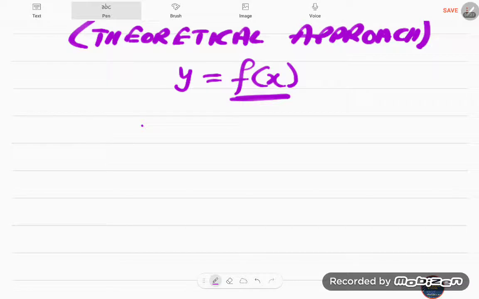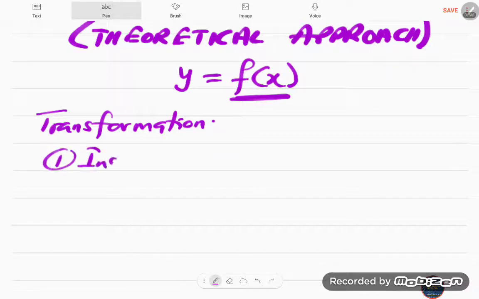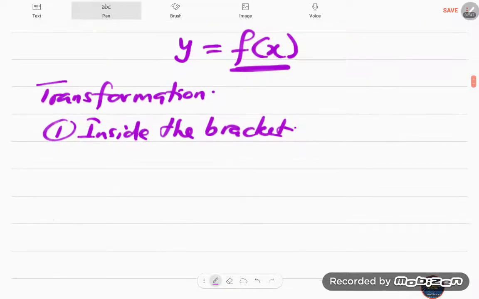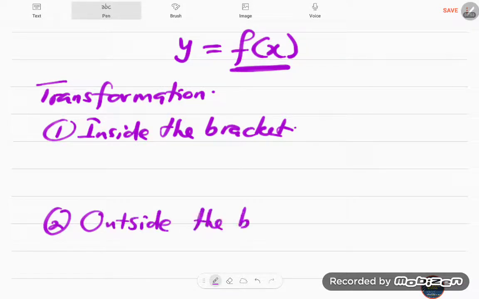The first one being transformations that occur, one, inside the bracket, and then two, transformations that occur outside the bracket.